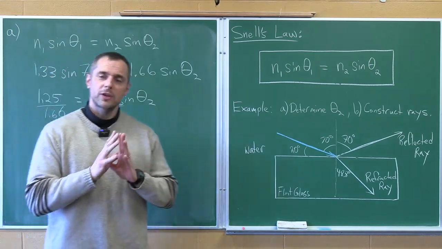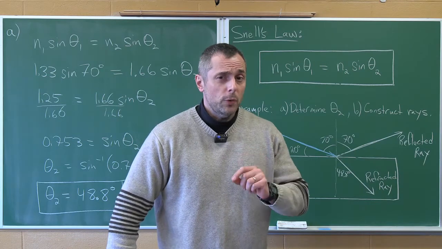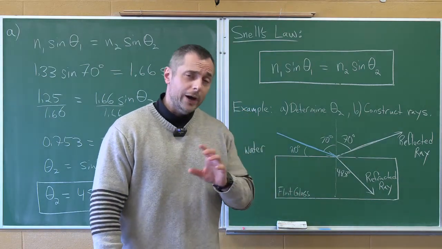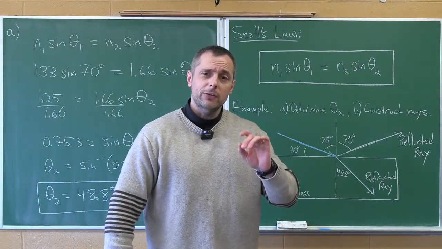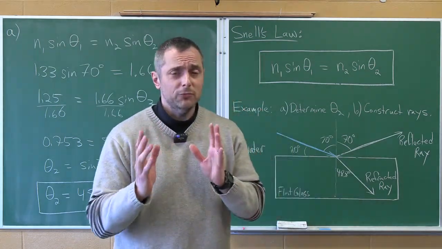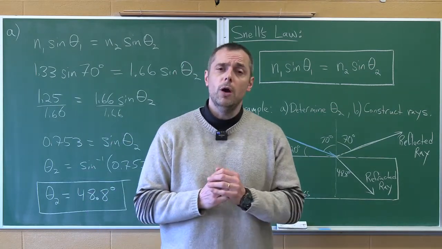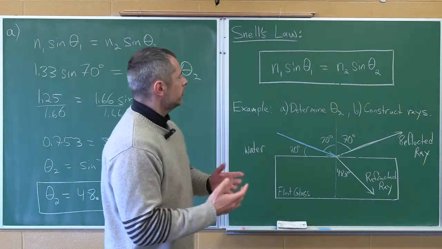All right, so that was refraction, bending of light towards or away from the normal, depending on whether you go to a higher or lower index. Go back in the diagrams that you drew over here that I erased. Make sure you understand everything: the reflected ray, how that works, the refracted ray, whether it bends towards or away from the normal, and then Snell's law.